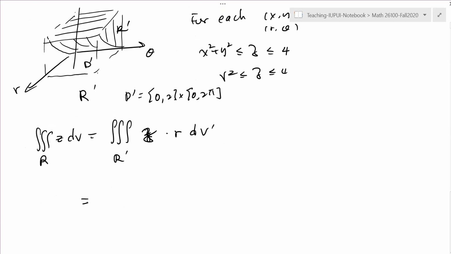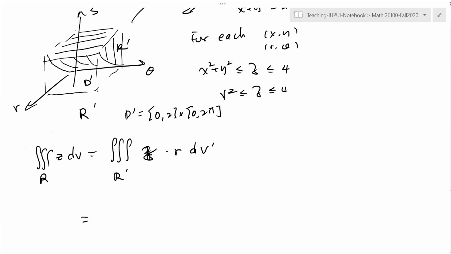How do we evaluate this triple integral over this portion of the rectangular box?